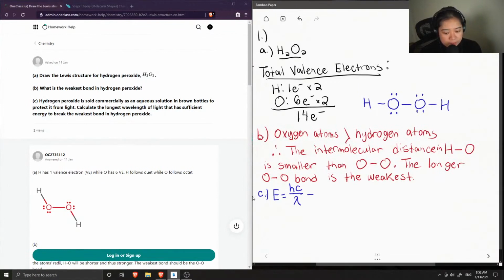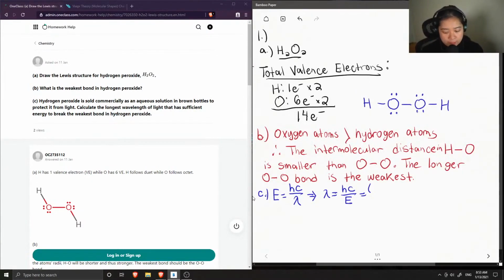So we can rearrange this equation and solve for wavelength. So if we solved for wavelength, it would be hc divided by E.